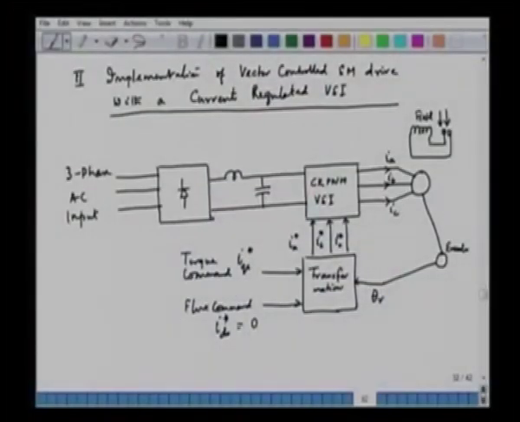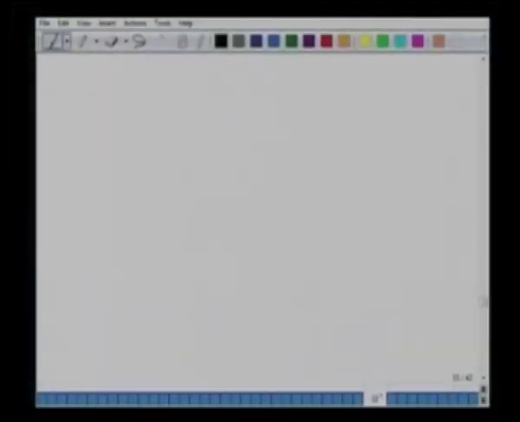And what we have here is that we have a transformation, and we transform IDS and IQS into IA, IB and IC, and this IA, IB and IC are the reference currents for the CR PWM VSI. Now, what is this transformation? This transformation we have already discussed in the previous lecture. Just to recapitulate that once more, we can write down the transformation once again.